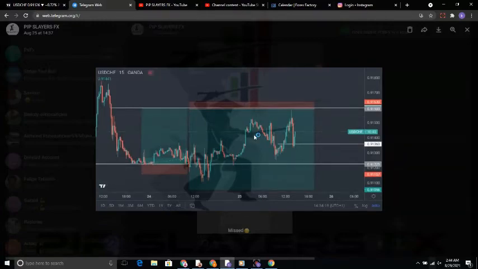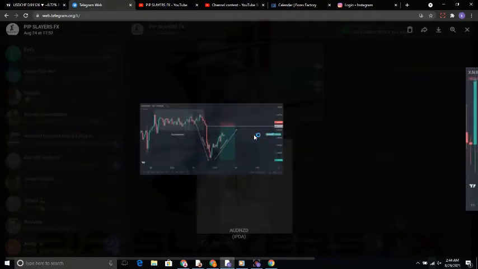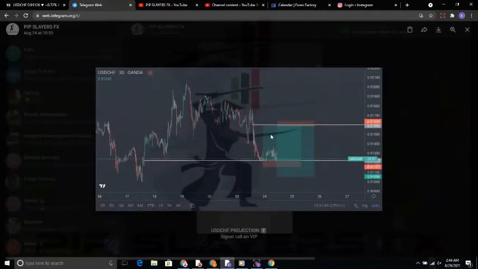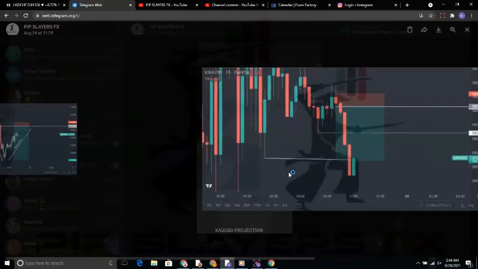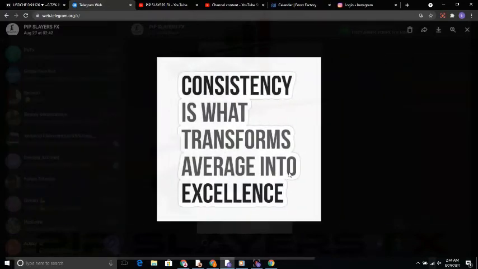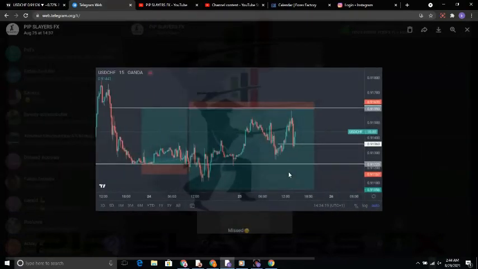This was the after. I think I need to go to the before. Yes, this is it. Everything was covered live. So how did I anticipate this sell setup, which ended up becoming this? Or here's the CHF.